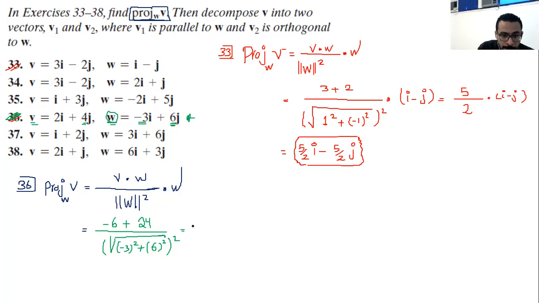Negative 6 plus 24 equals 18. And this over 9 plus 36 equals 45.